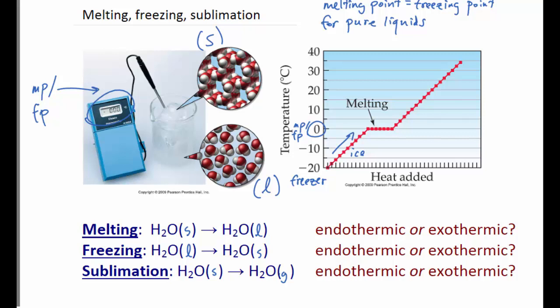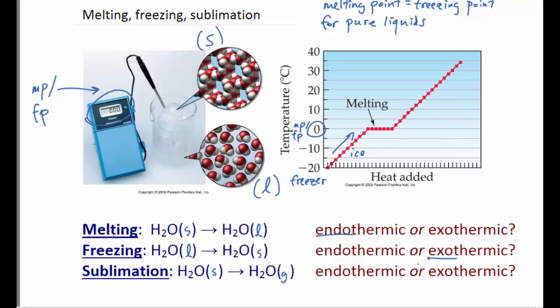So if the molecules are having to move faster for a liquid, is that an endothermic process or an exothermic process for melting? Yeah, melting is endothermic because we have to provide energy in to make those molecules move faster, right? So the opposite would be exo.